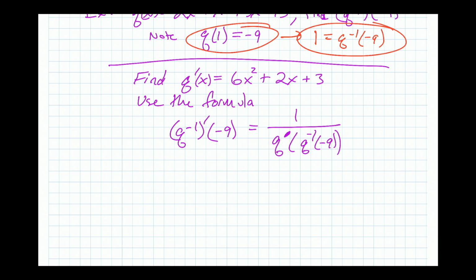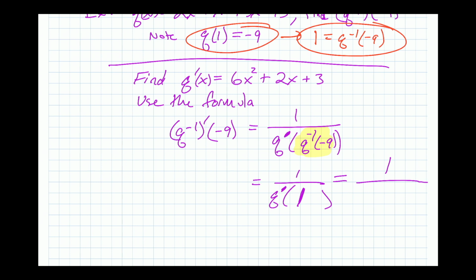And then you just work this from the inside out. So evaluate that. What is Q inverse of negative 9? Well, we already did that, right? Q inverse of negative 9 is 1. So it's just Q prime of 1.